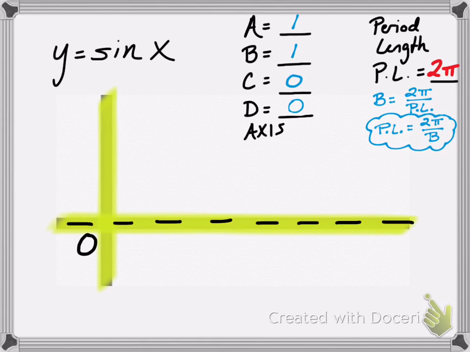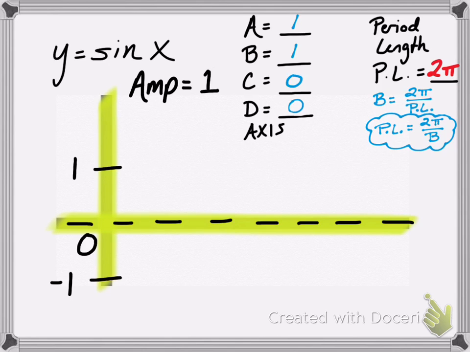After that, I put the amplitude. Amplitude is equal to whatever A was. So the amplitude is 1. And that goes above and below the axis. So -1 and +1 are the values that we get when talking about the amplitude of 1.